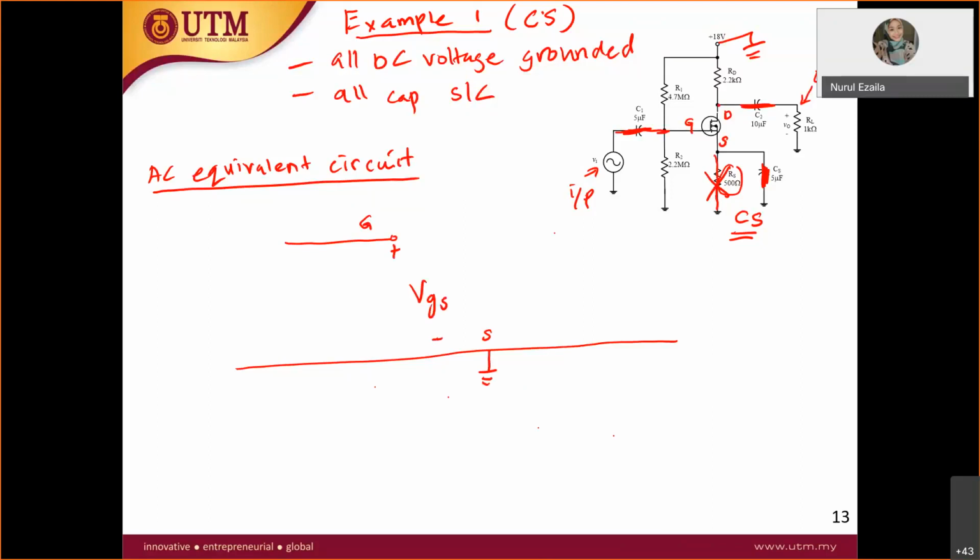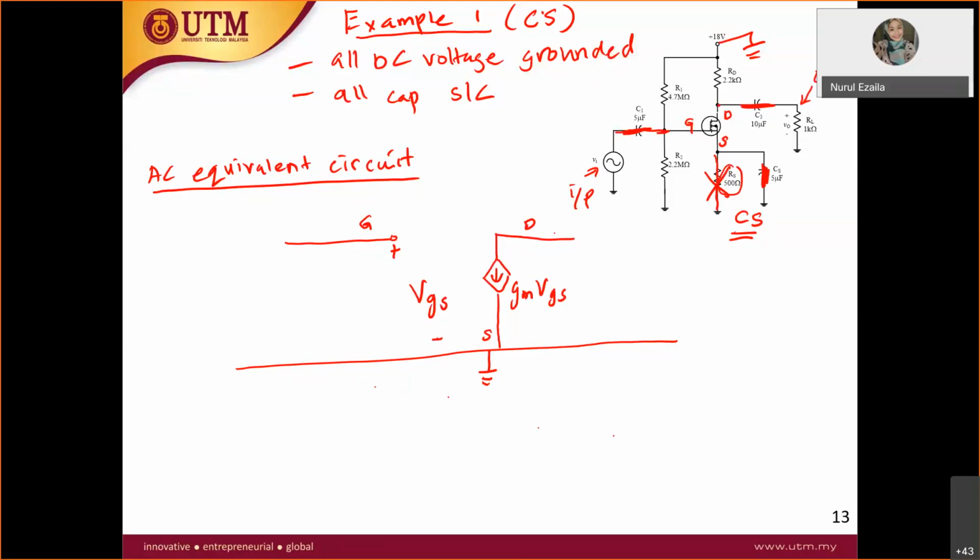So this is the hybrid pi model for MOSFET. Also you have the current source over here, gm VGS. So this is your drain terminal. Let's start from the source, straight to the ground, no resistor at the source.